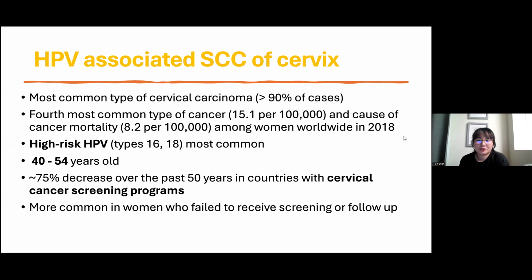But thanks to cervical cancer screening programs, the prevalence has decreased by up to 75% over 50 years. However, we still see it in women who fail to receive screening or follow up on their screening results, as we have seen in this patient.